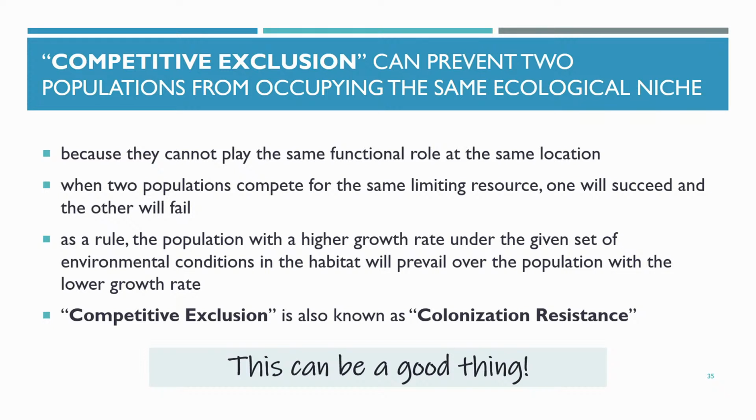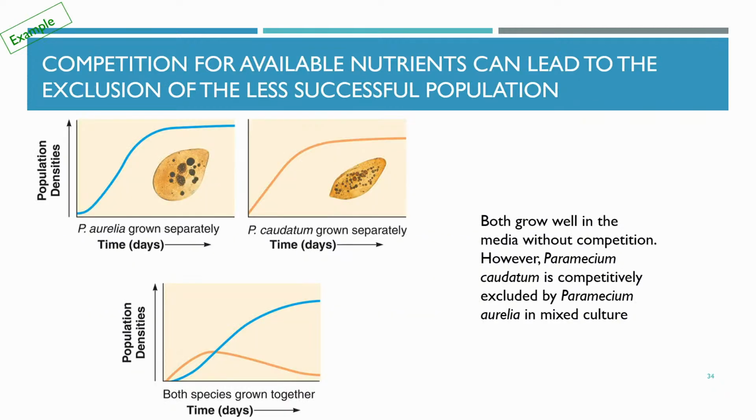As a rule, the population with a higher growth rate under the given set of conditions in the habitat will prevail over the population with the lower growth rate. Over here, we saw this one had a higher growth rate on its own. So if I were to give you an exam question showing you these and telling you that they will compete for the same resources, which one will outcompete the other, you would know that it's the blue one, right?